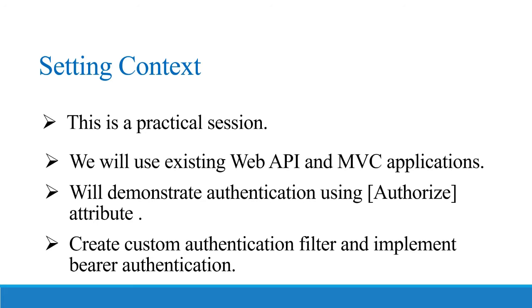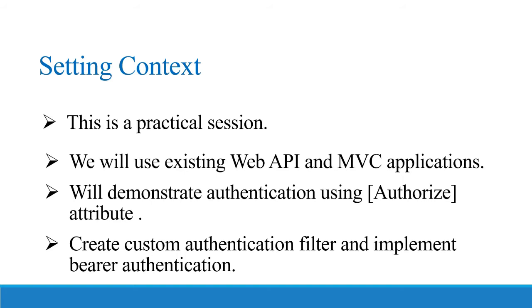So authentication is very much required in web API if you look at the security part, because if you have not implemented any authentication in your web API, then it can be consumed by any client. Anyone can just use your web API URL and they can get all the data and all the things that you are exposing.